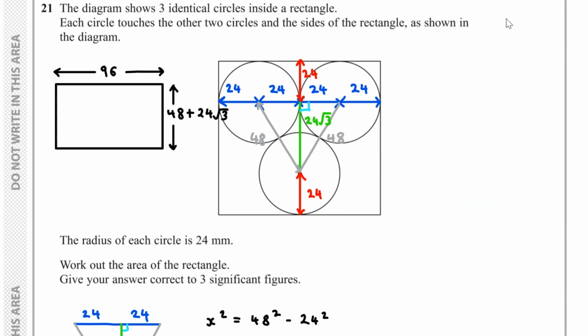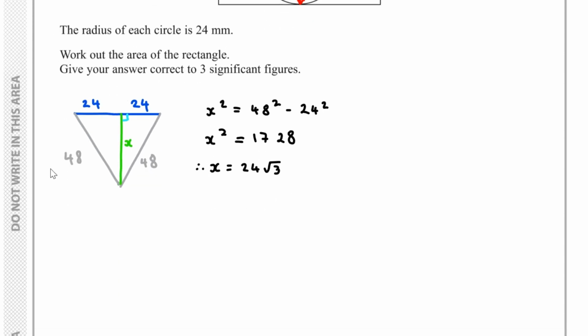So to work out the total area, we can therefore conclude that the area is equal to 24 root 3 plus 48 times by 96.